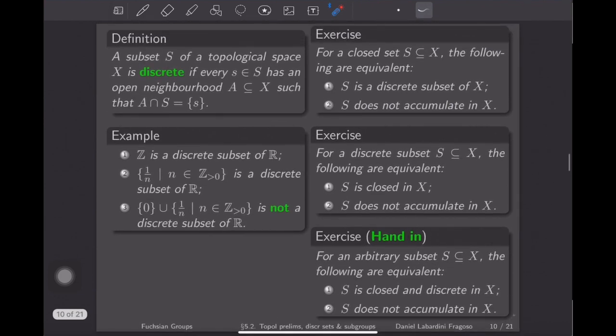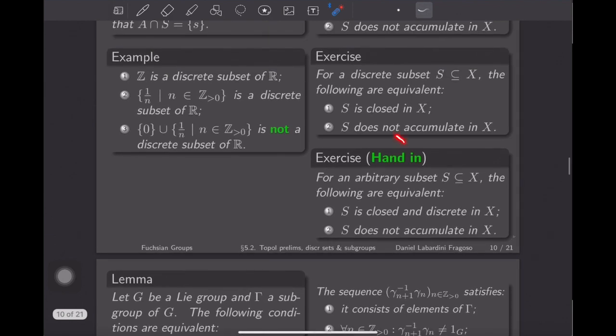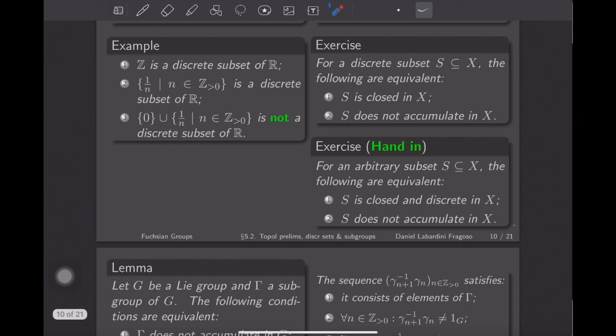Similarly, if you start with something that doesn't accumulate in itself, then it's equivalent for it to be closed and to not accumulate in the whole space. And the exercise: not accumulating in the whole space is equivalent to being closed and discrete.